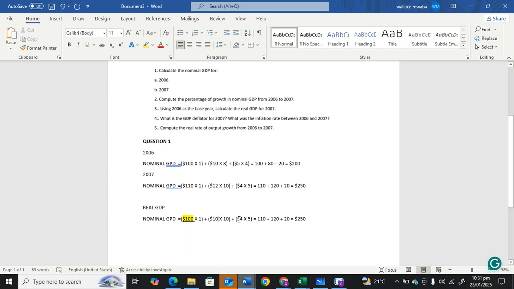And then for Thinga, or whatever that is called, we use the price for 2006. So notice, colleagues, what's happening here. We're using 2006 prices in 2007. The quantities for 2007 still stay the same. It's only the prices which we're going to use for the base year.